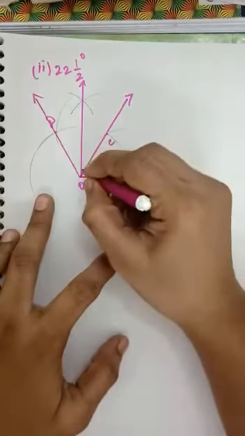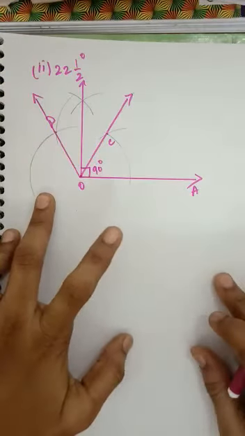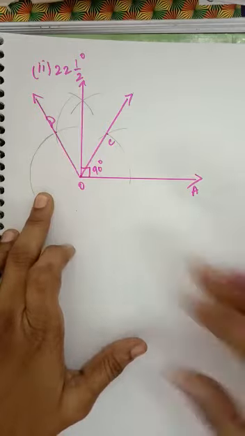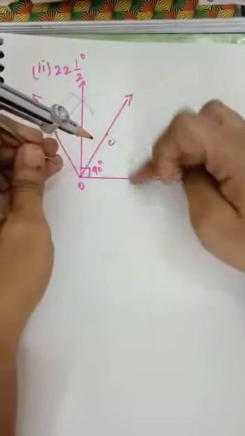Listen students, I have drawn an angle 90 degree. Is it clear? So for this you have to construct the bisector of an angle 90 degree. Okay, so take the same arc.